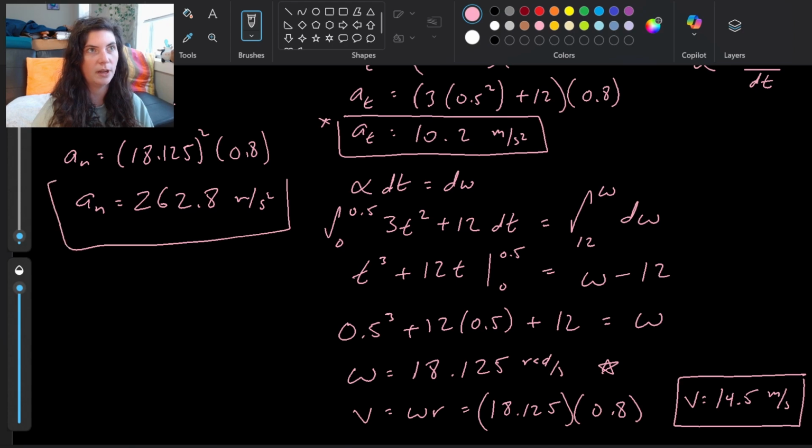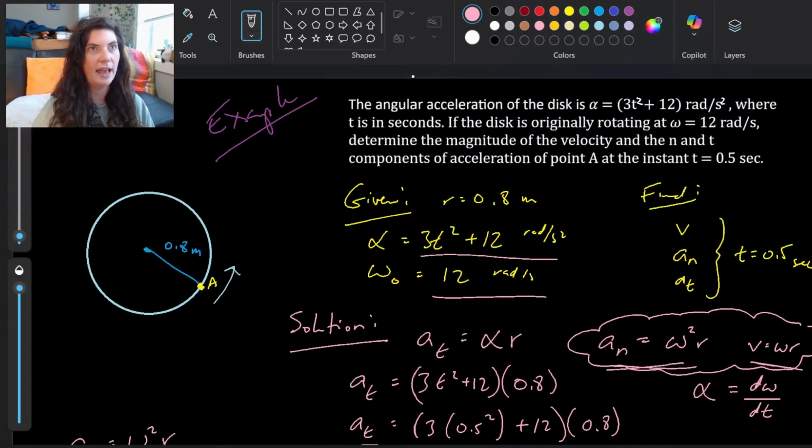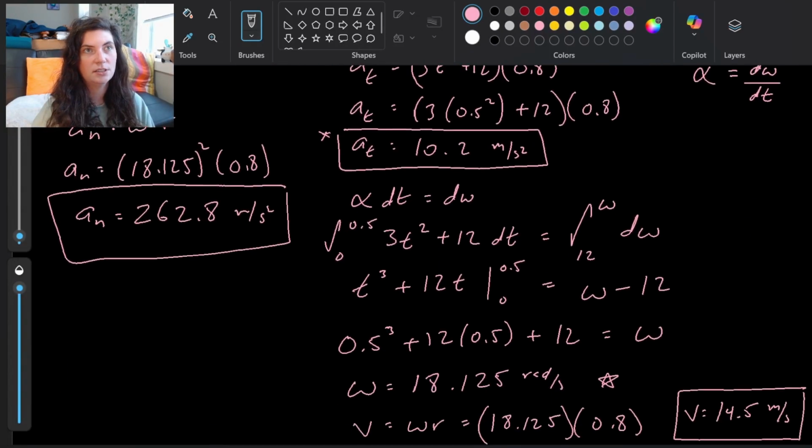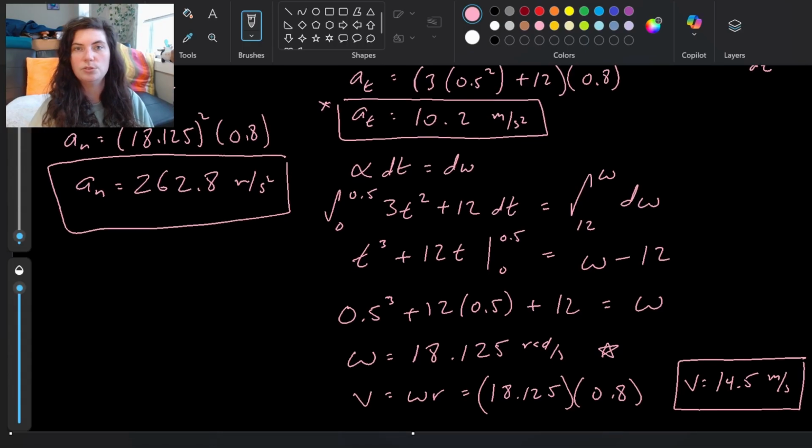A huge amount of normal acceleration due to this angular acceleration increasing quadratically with time. So here we were able to use that angular acceleration and angular velocity to find our linear velocity and the normal and tangential components of our acceleration, just using these relationships that we've learned.